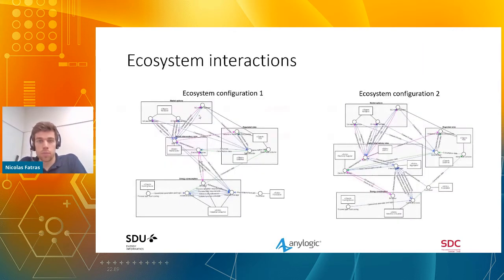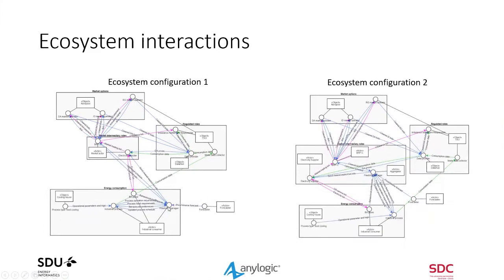Now, what does this imply on the ecosystem level? I've shown essentially that the only difference between these maps is the assignment of this role. The flexibility manager here is assigned to the industrial consumer, while in this case it's assigned to a separate agent called the aggregator. And if you look at the roles, the communication is still the same, so you won't have to change anything in this case.